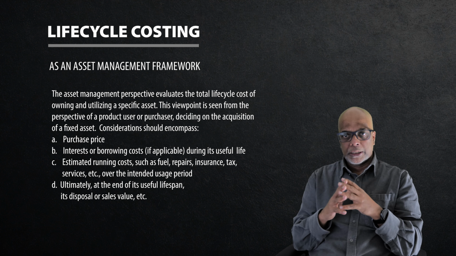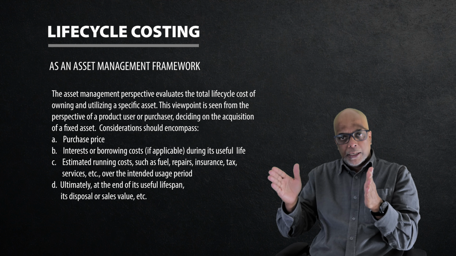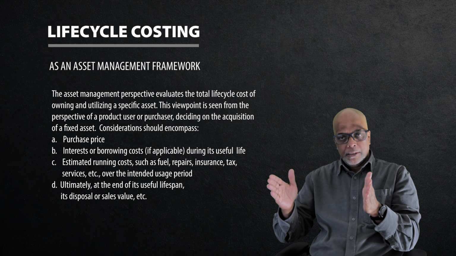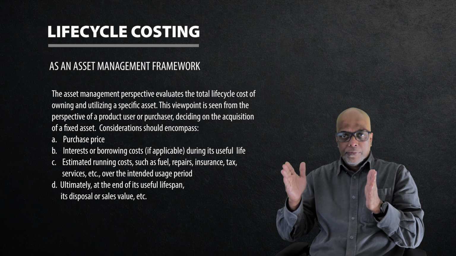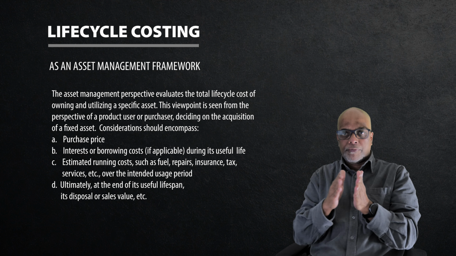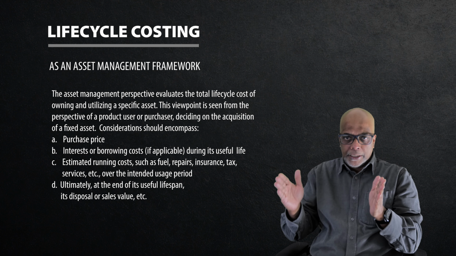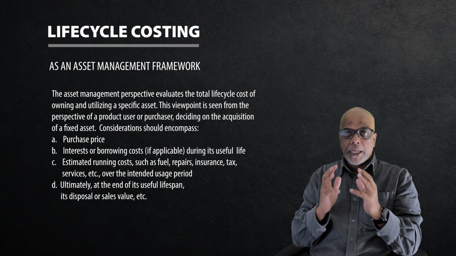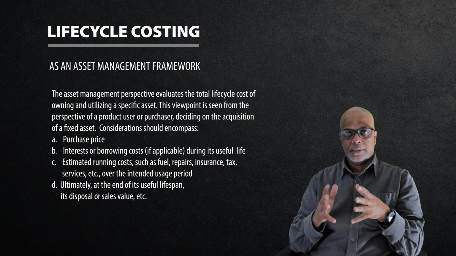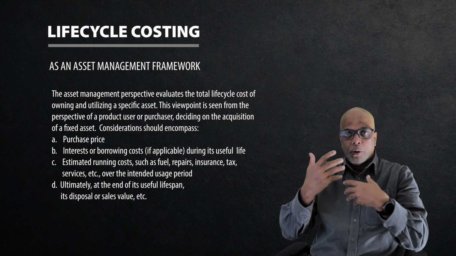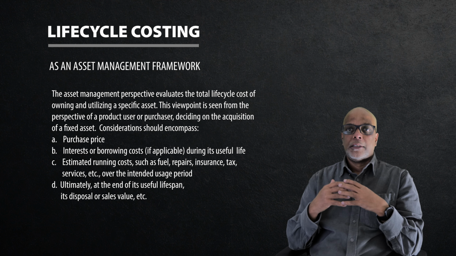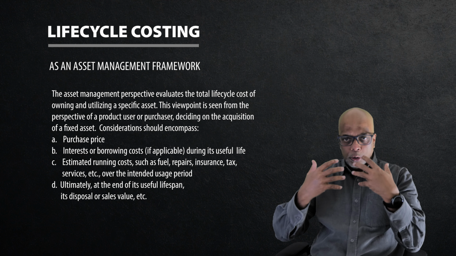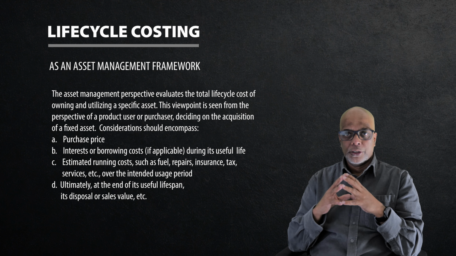And then during its life span, during its total life cycle, if it is 5 years, for example, it could be 10 years. So during that whole period, what will be the operational cost? What will be the cost that we have to incur to run that machine, to use or own that fixed asset?